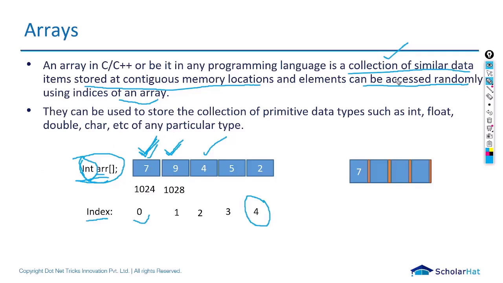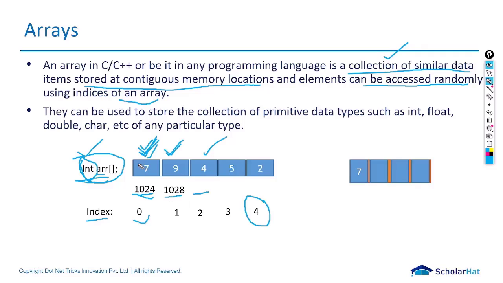What does this continuous memory location mean? It means if an array starts its address from 1024, then the next address is going to be 1028 and the next is going to be 1032. 4 will be added. Why 4? Because here it's of integer type, and we already studied that integers are 4 bytes. It means if 1024 is the memory location of the first element, then for the second element it must be 1028.